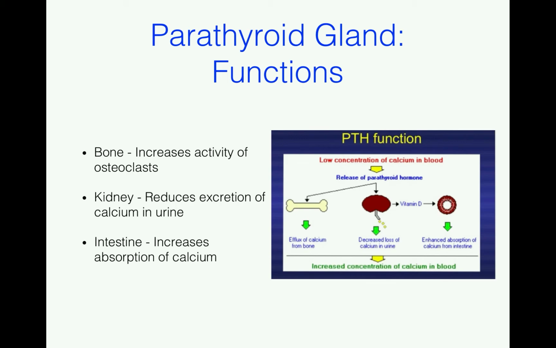Thus, by these mechanisms, it increases the level of calcium in blood. Normal calcium phosphorus balance is very important for the human body because it helps in normal growth of bones and teeth, blood clotting, normal muscle contraction and nerve impulse conduction.